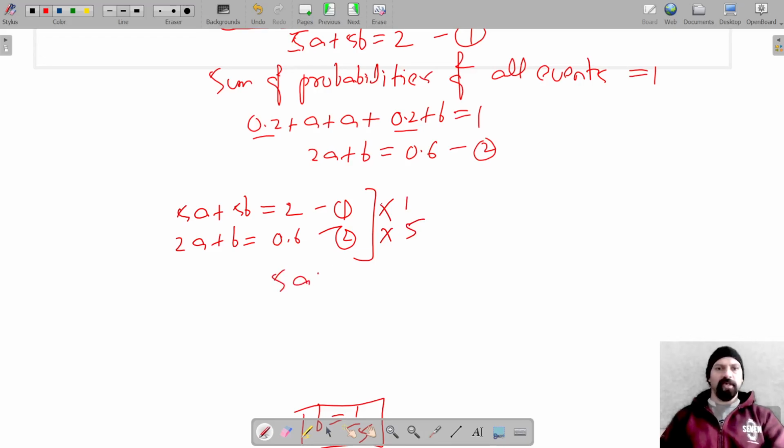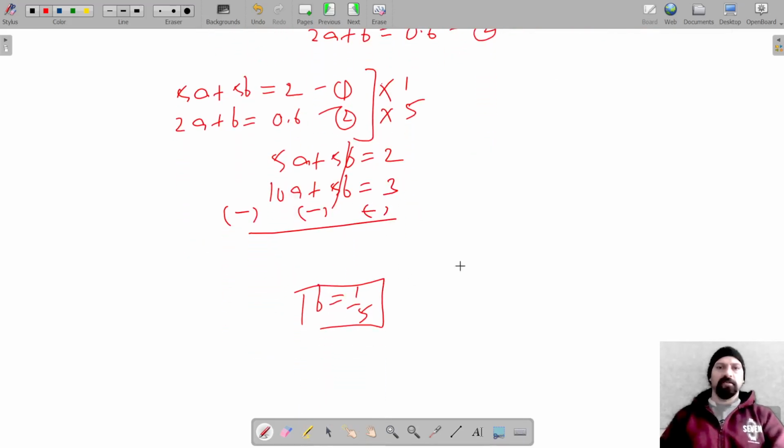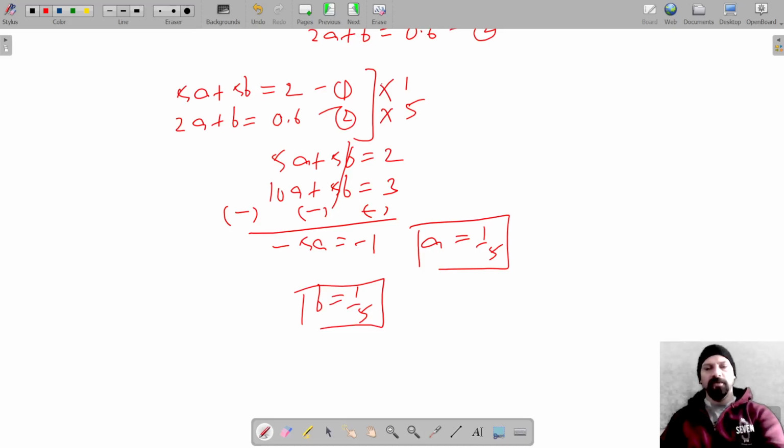So the first will remain as it is, 5a plus 5b is equal to 2, and this is now 10a plus 5b is equal to 3. Subtracting these two equations, we get negative 5a is equal to negative 1, which gives me a is equal to 1 by 5. So we have got the values of a and b, which is 1 by 5 for both.